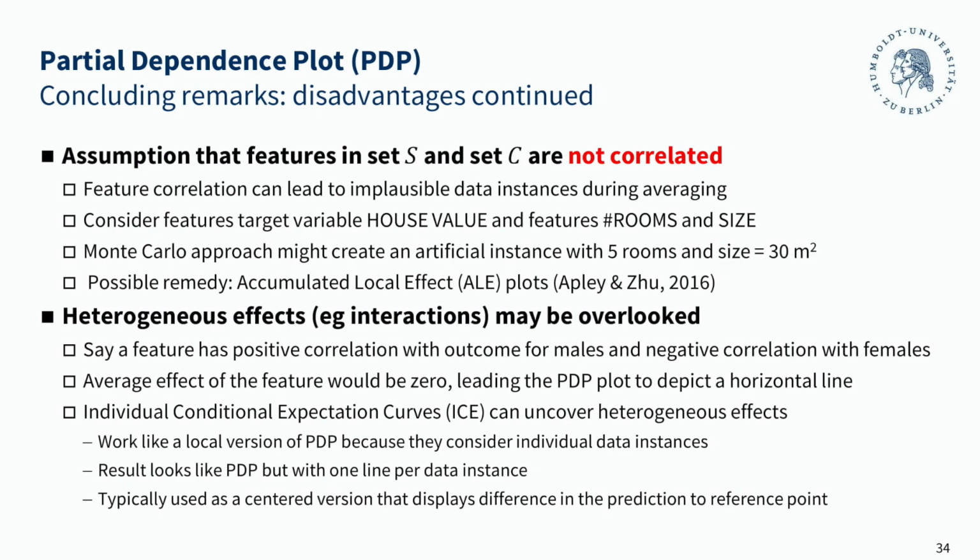And that's not going to happen. So that data point, because of the correlation of number of rooms and apartment size, creating these artificial data points leads to very unlikely points, but they are considered in subsequent calculations. And this is why PDPs as well as random forests are vulnerable toward feature correlation, and why you as an analyst need to check whether there are correlated features.